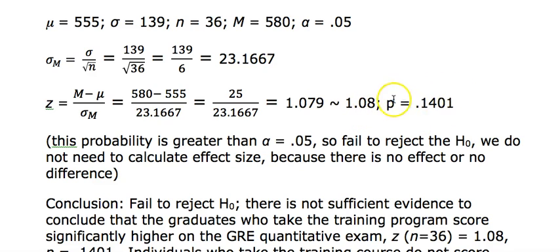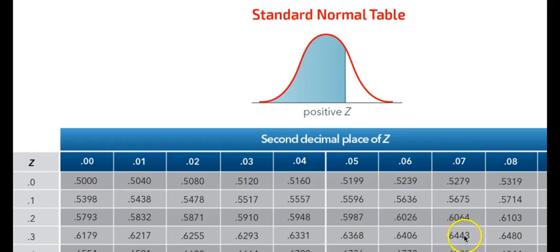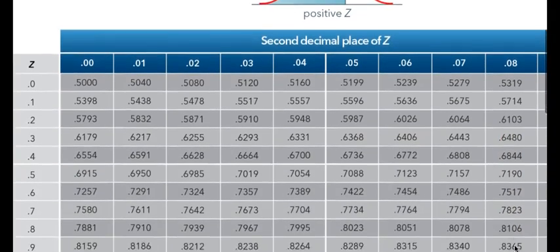Now, I look up the probability for this in the z table. So here's our standard normal table from Top Hat. All right, so I pulled it up so that we can take a look at it. And so I am looking for a z of 1.08. So 8, this is the column we're going to need to look down, and then we need to look for 1.0.